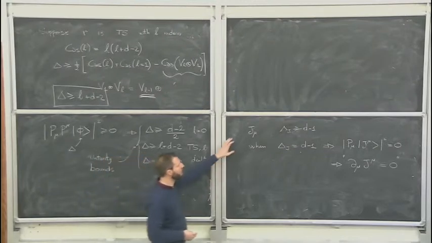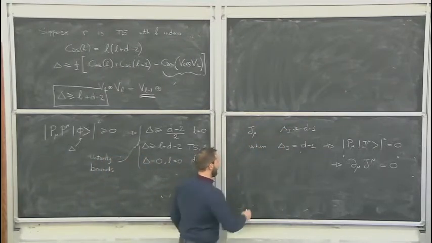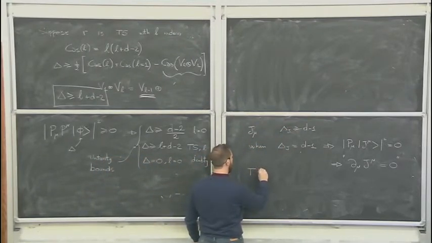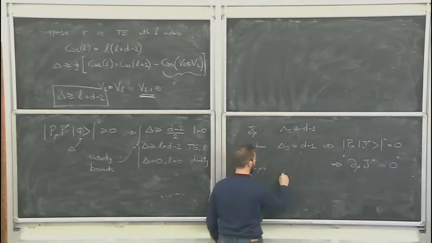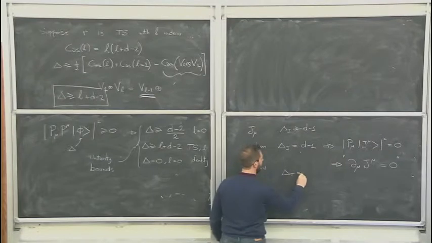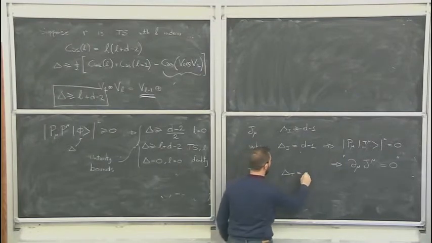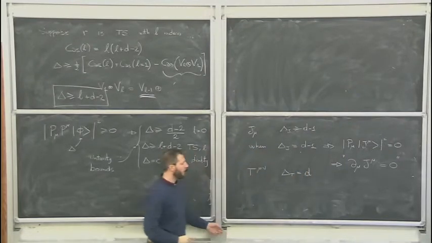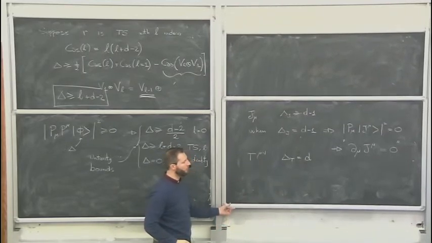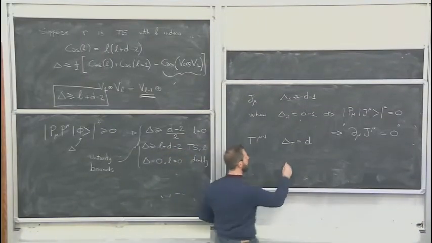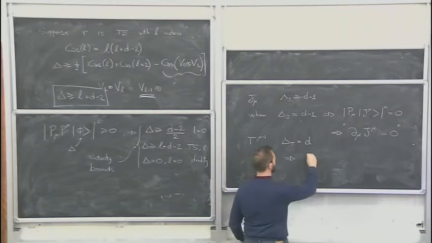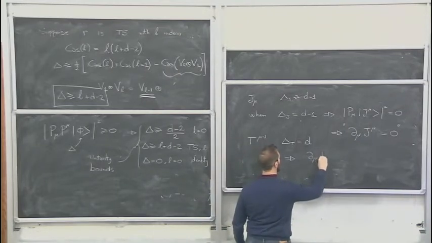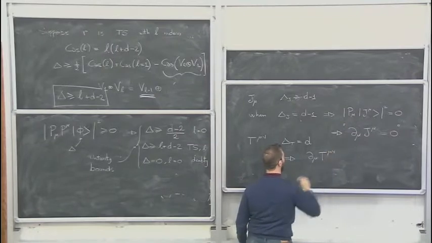You can do the same trick for spin 2. When delta_T is exactly d, it means that the operator is conserved. It means that one descendant vanishes, and this descendant is exactly P_mu T_mu nu.